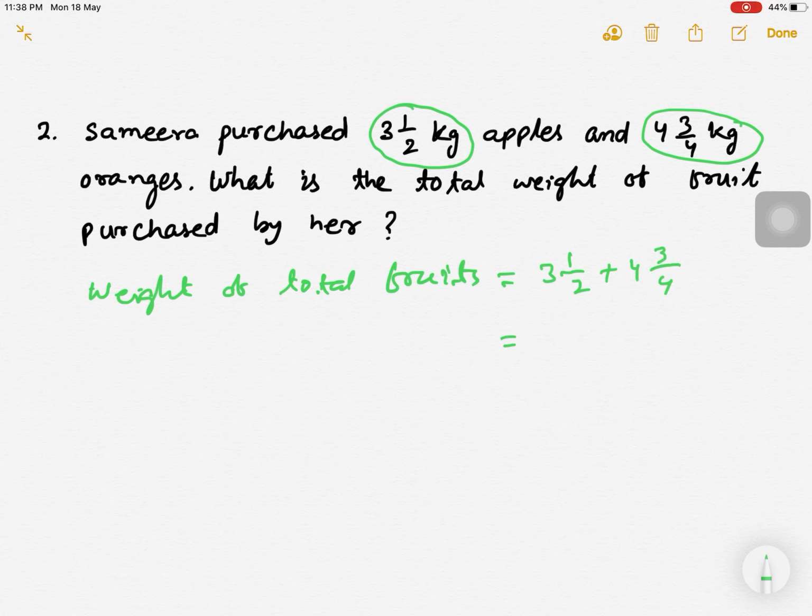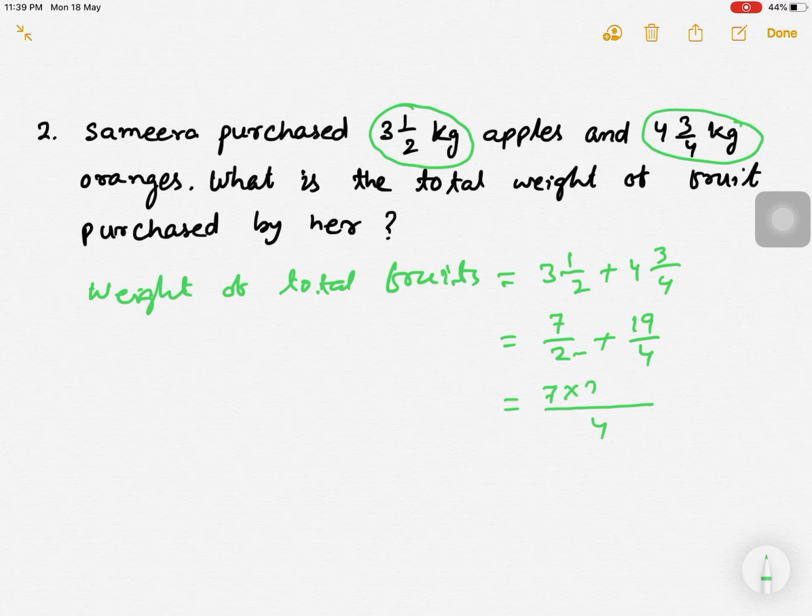The weight of total fruits means 3 whole 1 by 2 plus 4 whole 3 by 4. And if we convert into improper fractions, we have 3 into 2, 6 plus 1, 7 by 2 plus 4 into 4, 16 plus 3, 19 by 4. Then we have to add, and here LCM of 2 and 4 is 4. So 4 divided by 2 is 2.